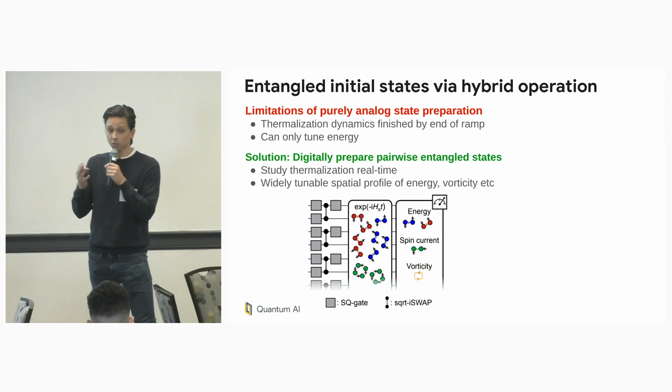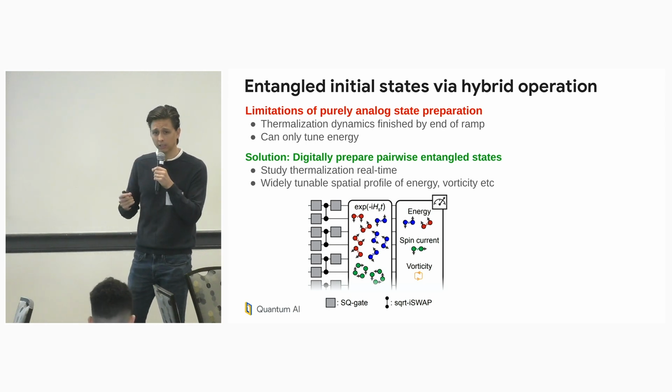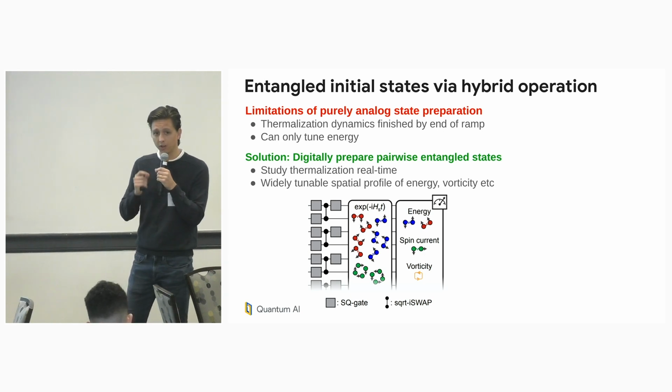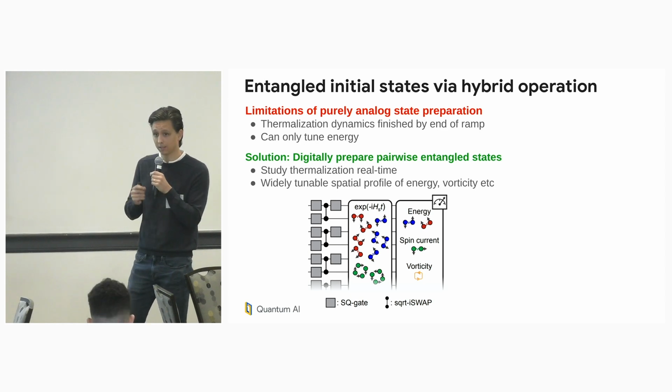In addition to that, with these tuning techniques, we're only able to tune the energy. There are, of course, other observables that we would like to be able to tune in our system as well. That motivates the last part of the presentation, where we are now going to take full advantage of our hybrid analog-digital approach in order to digitally prepare pairwise entangled initial states.